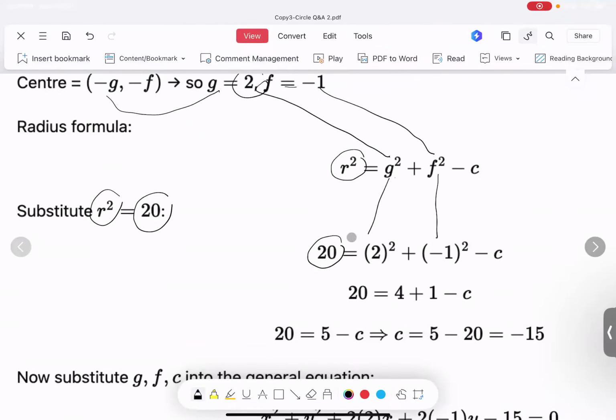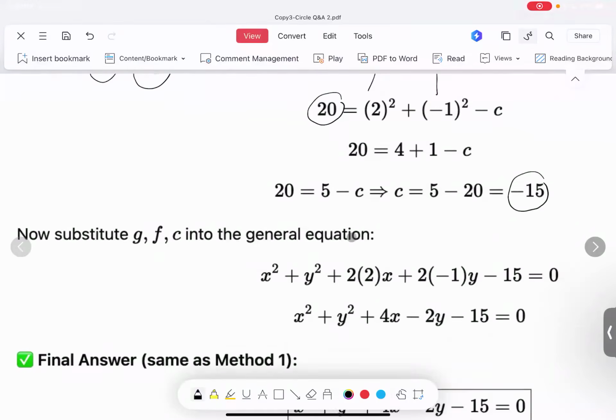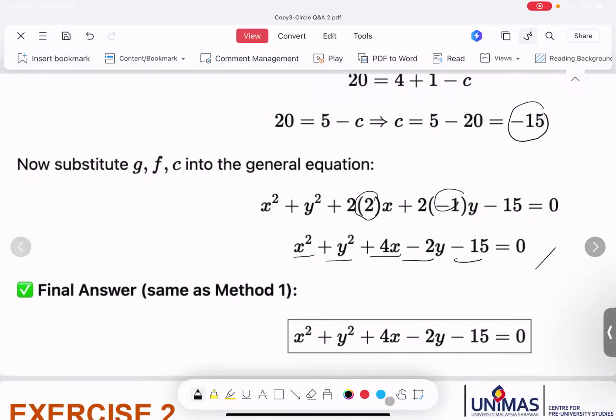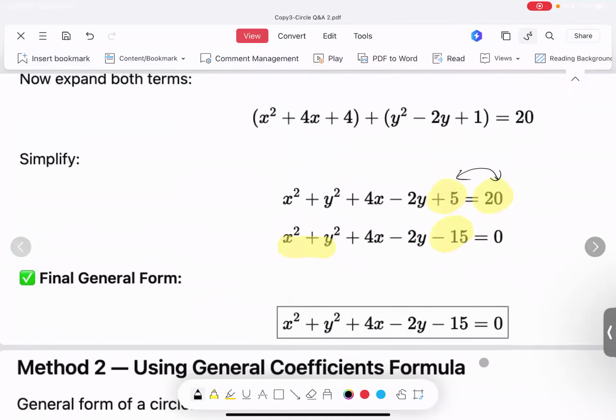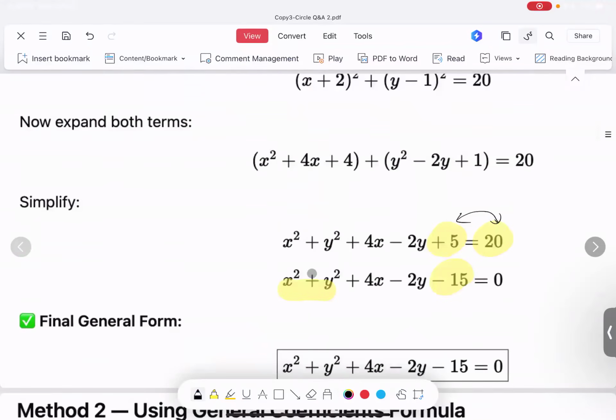So you finally find your C as -15. In conclusion, you rewrite again: x squared plus y squared plus 4x, where this one is your G, this one is your F, and C is this one. So you still get the same answer, it's just that the method is different. It's really up to you which method you want to use for circles. This question is about using the standard form and changing it to general form.